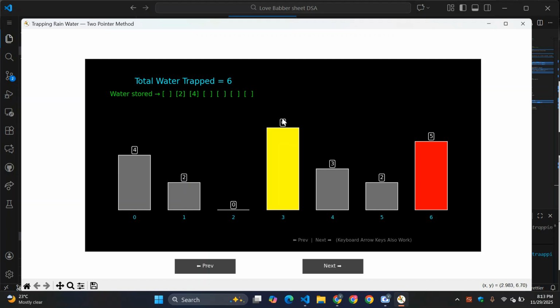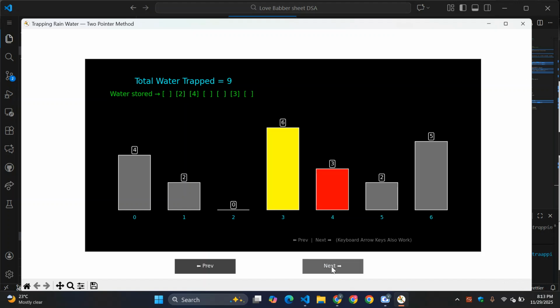If we traverse from this side, the amount of water stored will be 3 units, but on the right side there is a boundary which is less than this, right? So we can move to this minimum index and traverse from the right side. So 5, and this 2 we can subtract, 3 will be stored. Here 3 has to be stored.